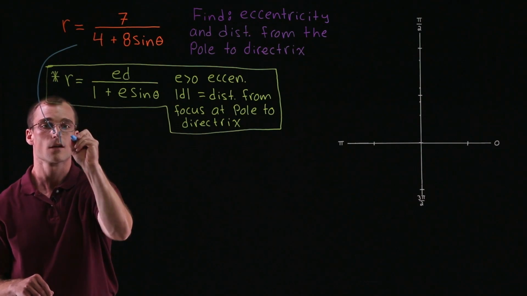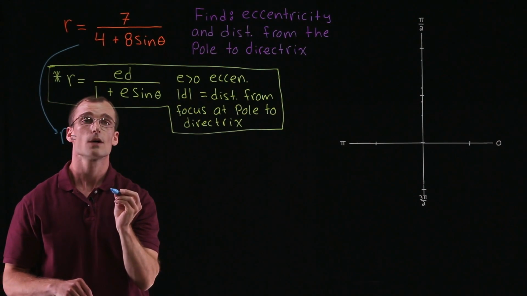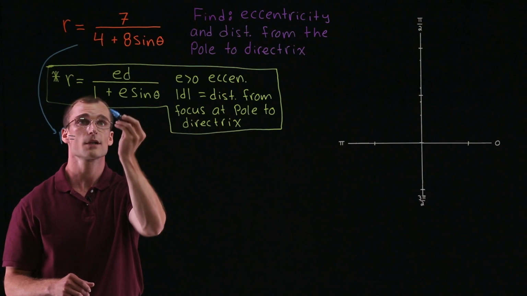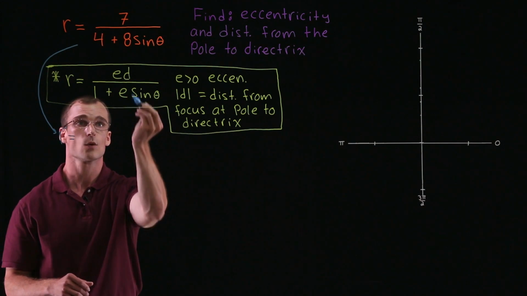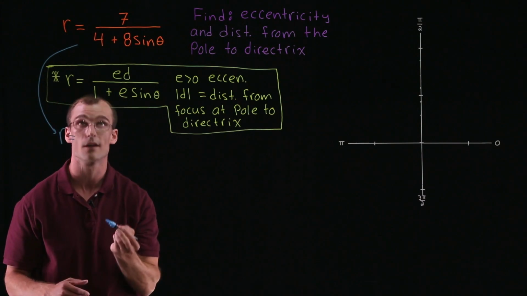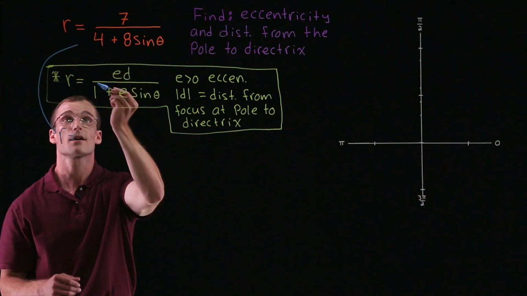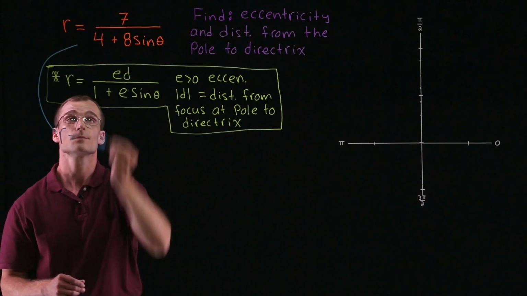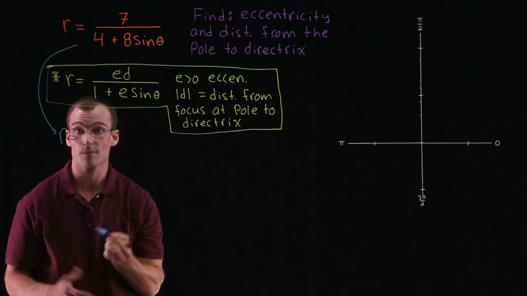What's our guiding light? I don't know what e and d are, or what e times sine of theta is going to be, but I know a constant value here has to be 1. And I see the 4 up here. So what can I do to get a 1 there? I can divide top and bottom by 4.